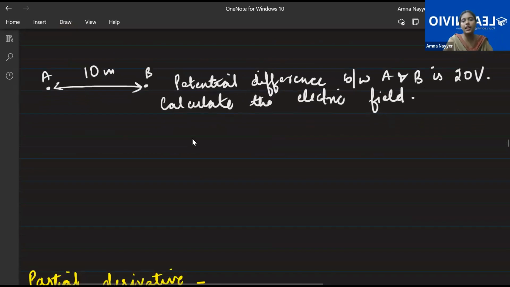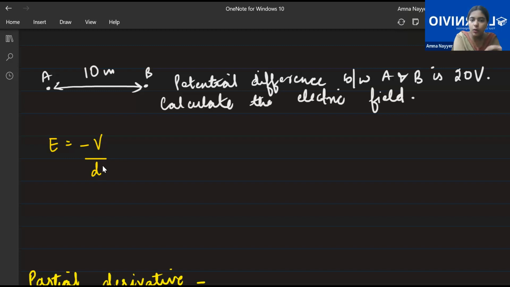The potential difference you have to calculate between A and B is given as 20 volts. Very easy question. I have written this question just to show you that even when you have finite values, you don't always need V as x cubed, x to the power this, x to the power that. If you have a finite value, you can directly use minus V by d also.